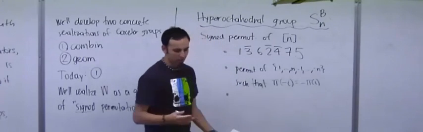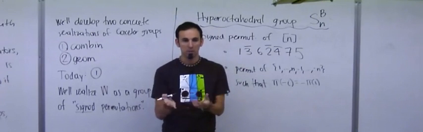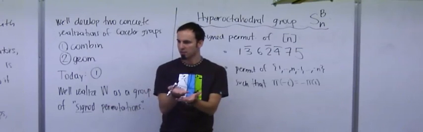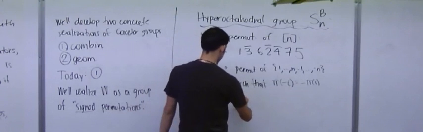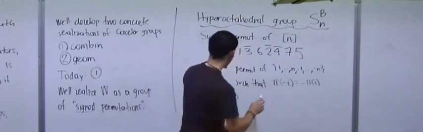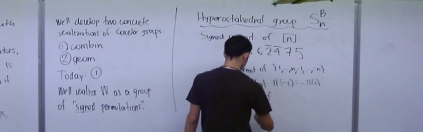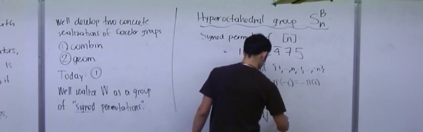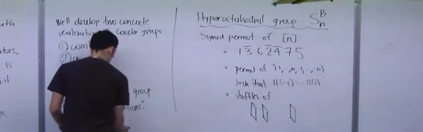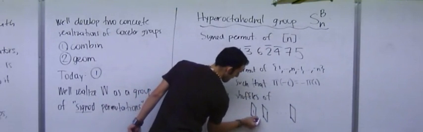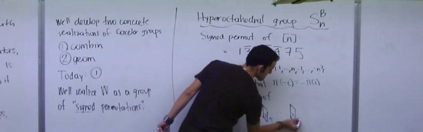And a nice way of thinking about it is, we talked about how we can think of the permutation group as shuffling cards. Okay? Well, we can think of the signed permutation group as shuffling cards, except that each card has a top and a bottom, and we're allowed to flip. So we can think of this as shuffles of a deck. So here's my deck. It has n cards, and each card has a front, 1, and a back, negative 1, 2, negative 2, n, negative n.